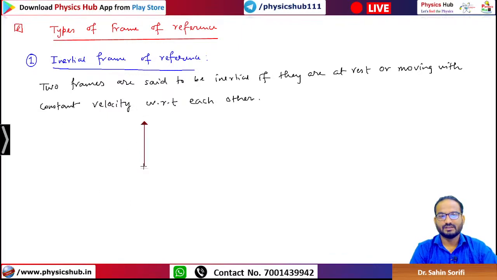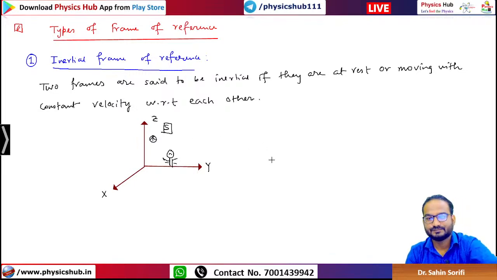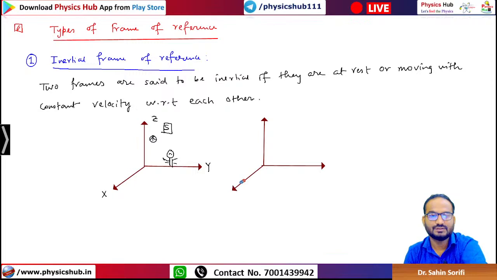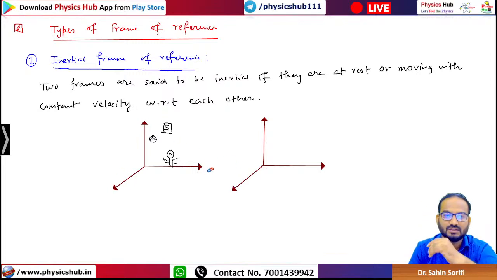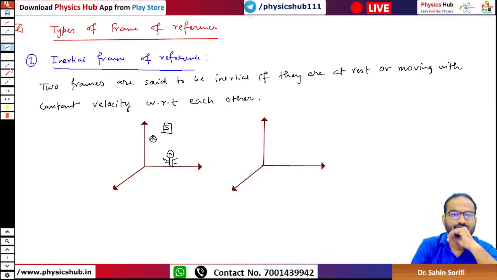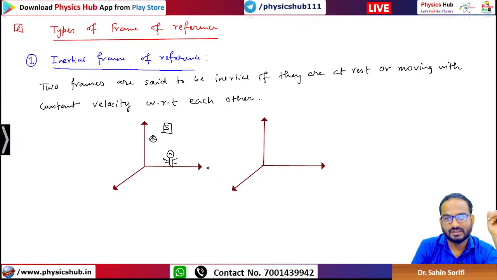So whenever we define a frame, we will draw something like this. This is the rest frame, let's say x, y, z, and a clock is there. So if I consider this is the S frame, this is the rest frame. Now another frame is there. Whenever you draw the coordinates in this relativity chapter, you will take this as the x-axis.